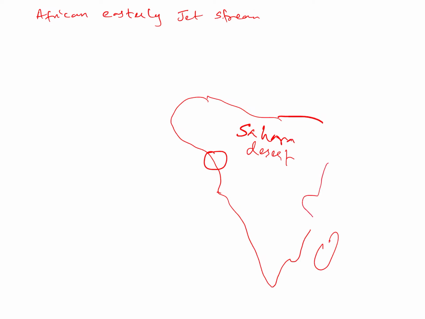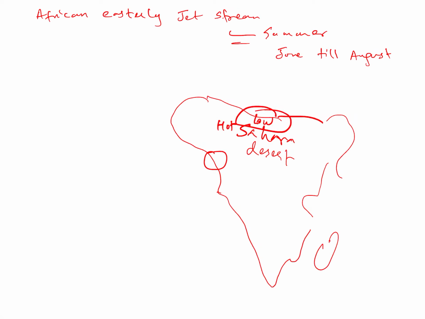The Sahara Desert in summers, between June and August, becomes hot during the summer time. Because of this heat, it develops a hot intense low pressure system compared to the Gulf of Guinea. The Gulf of Guinea remains relatively cooler.